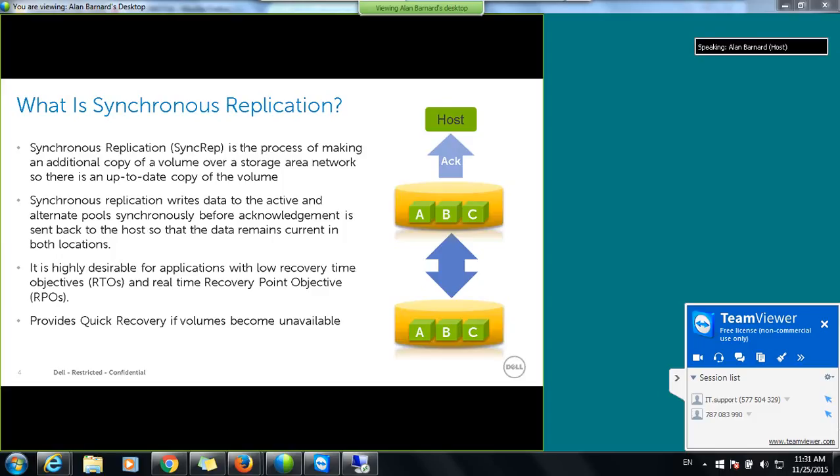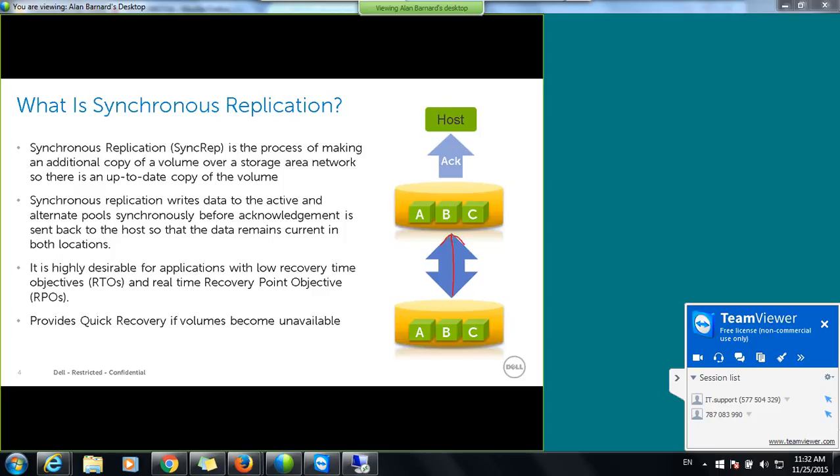Yes, sir. Okay. So do we have a minimum distance to implement this synchronous replication? The minimum requirement is actually in regards to your network. You cannot have a network that has high latency.